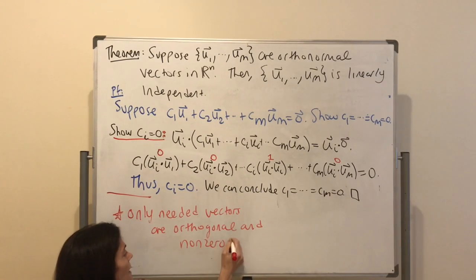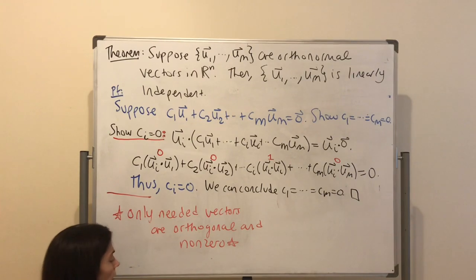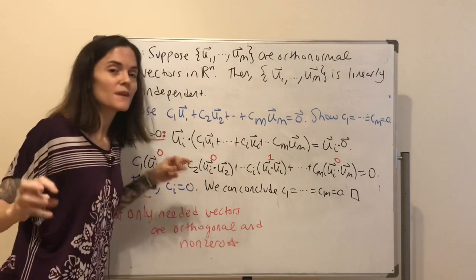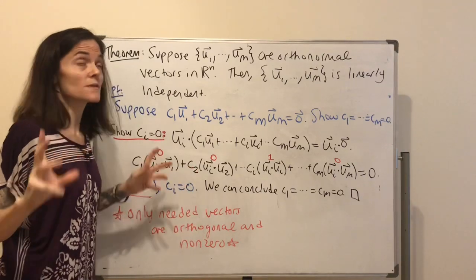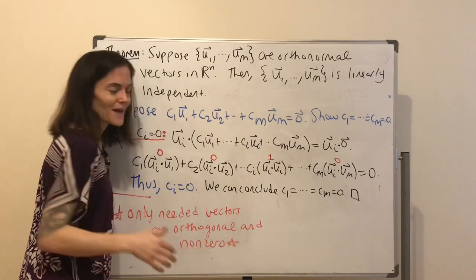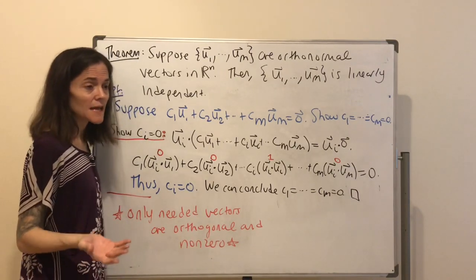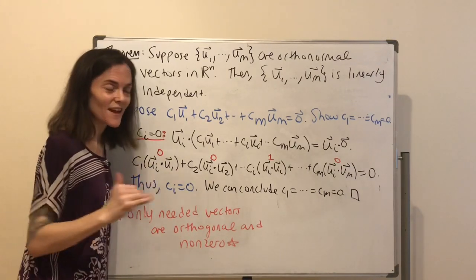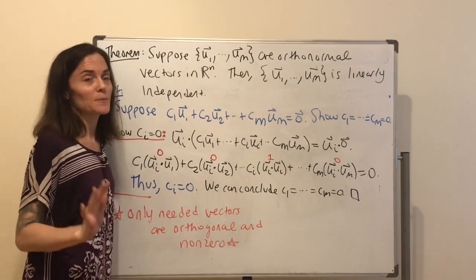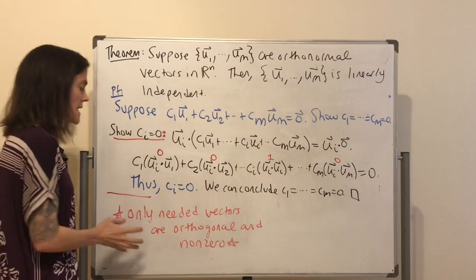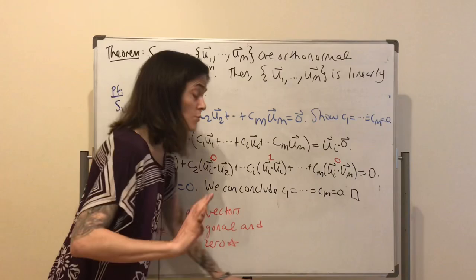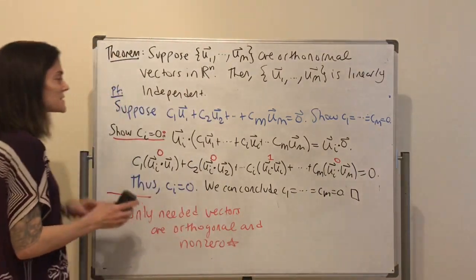So if you have a collection of vectors that are all orthogonal, you can remove the unit part, then they'll be linearly independent provided you don't have the 0 vector in the set. 0 is orthogonal to every vector, but 0 is never a part of any linearly independent collection of vectors. This is really just a comment because what we're really interested in is orthonormal collections of vectors.